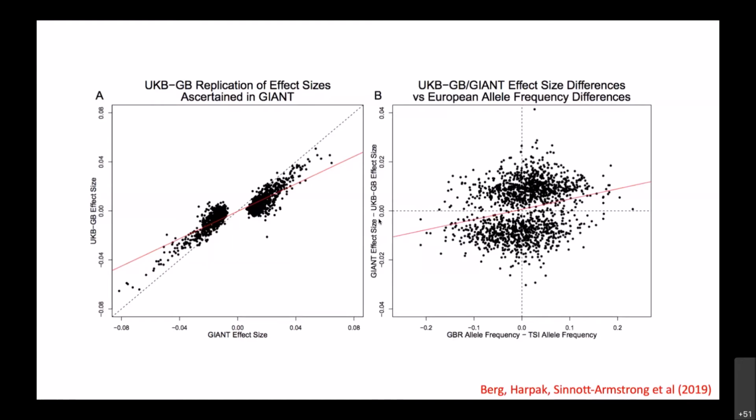What that suggested to us is that the effect sizes in this giant consortium GWAS perhaps are biased by population structure. If you look at sites that have larger frequency differences between north and south, their effect sizes seem to be more biased towards being positive in the giant consortium GWAS relative to the UK Biobank GWAS.